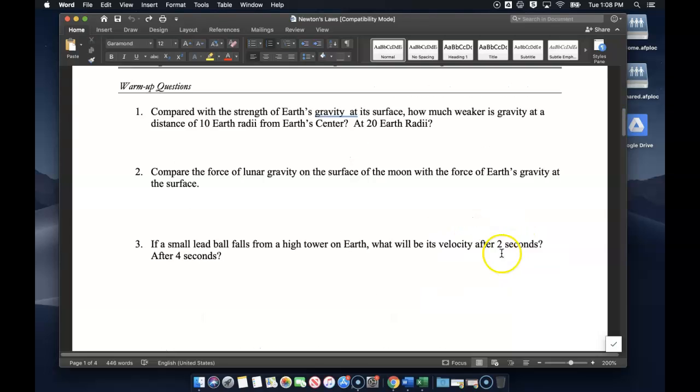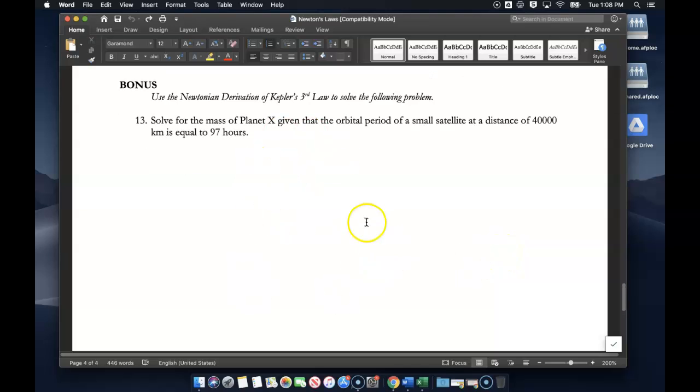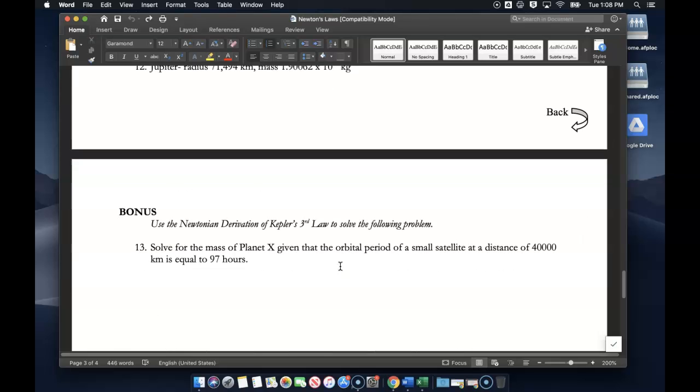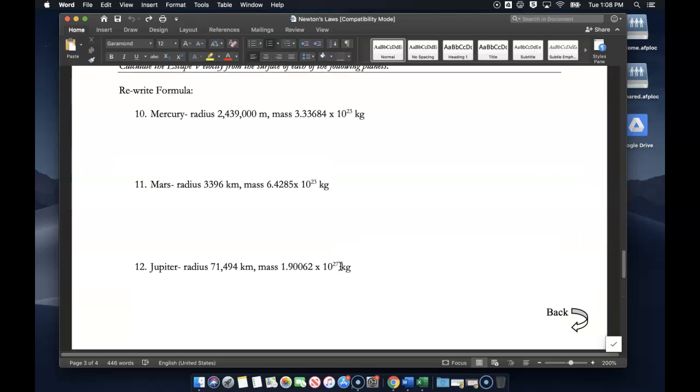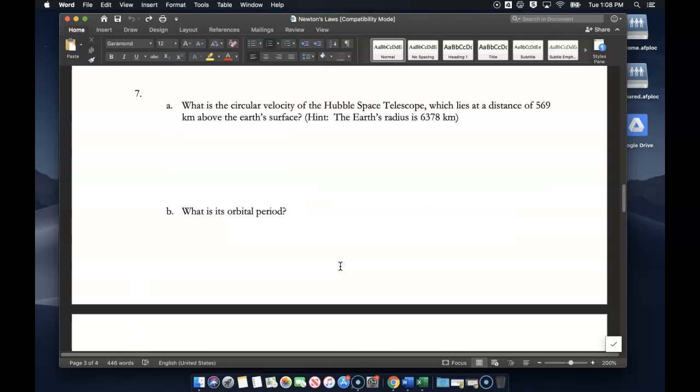Okay, I need to see work for this. And if you can provide me the work, I will provide you a bonus point for this activity. So this activity will be worth probably a total of 20 points.